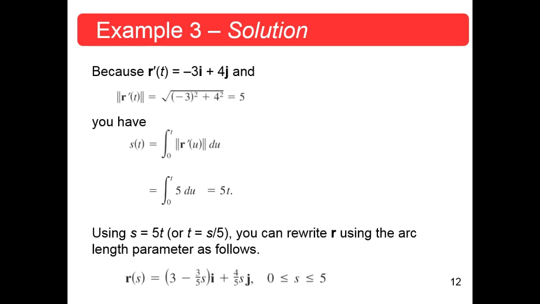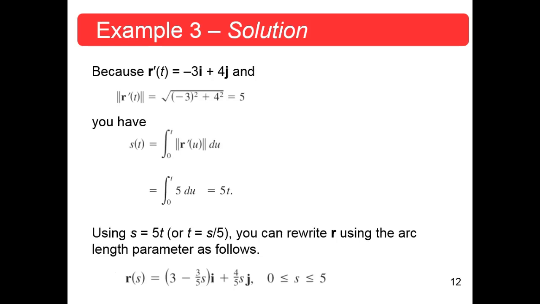Negative 3/5 i plus 4/5 j. Let's take the magnitude of that. 3/5 squared would be 9/25 plus 16/25 is 25/25.